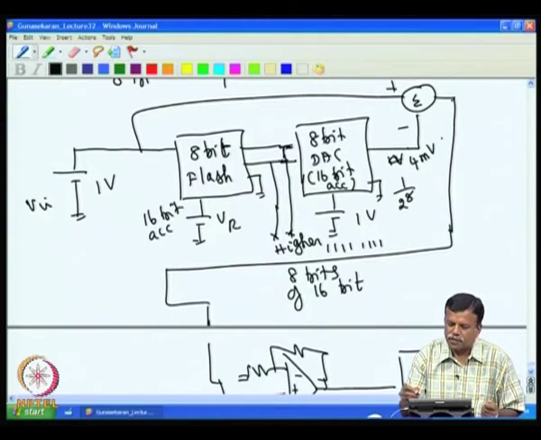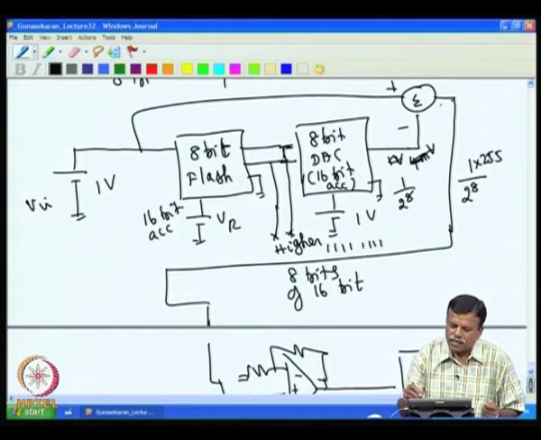output from here. You would have got 1 volt divided by 2 power 8, which is 1 LSB, and in total you have 255 LSB.